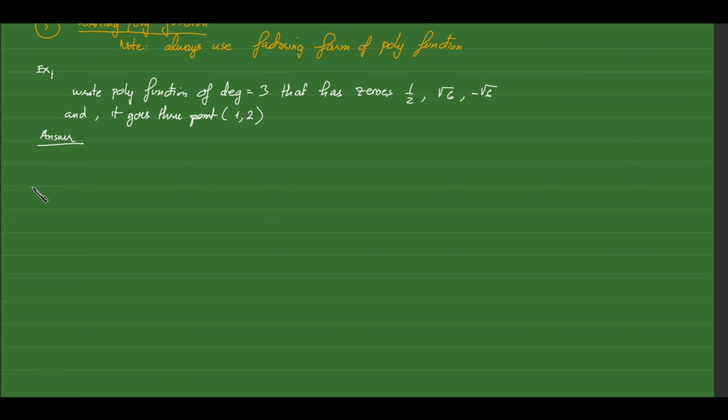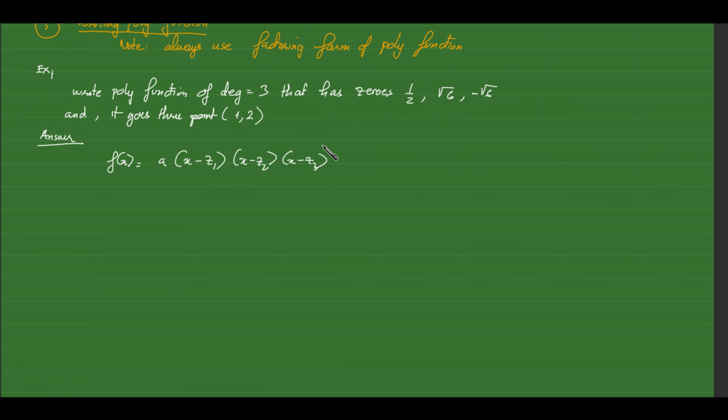The polynomial function in the factoring form is a(x minus z1). Because there are only 3 zeros, we have (x minus z2)(x minus z3). You see that the question does not mention multiplicity, so we assume the multiplicity must be 1.